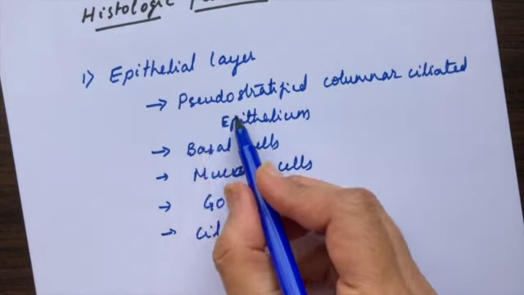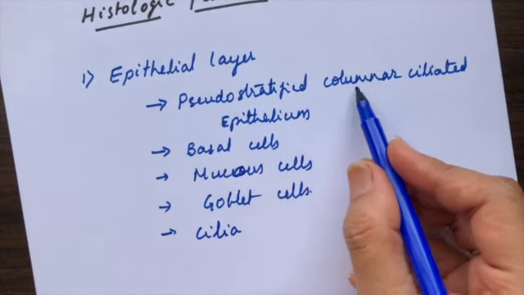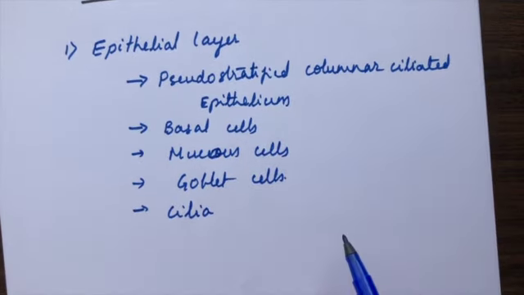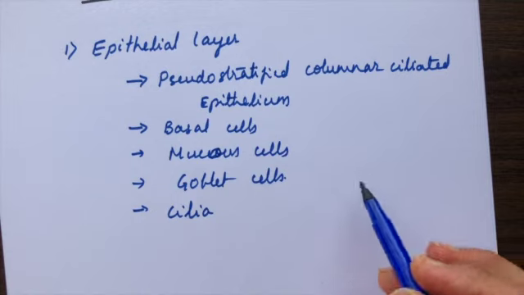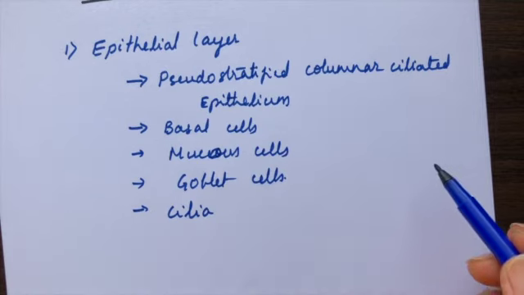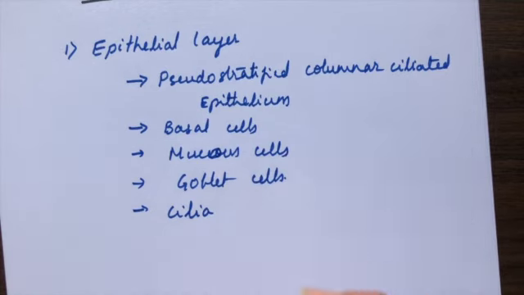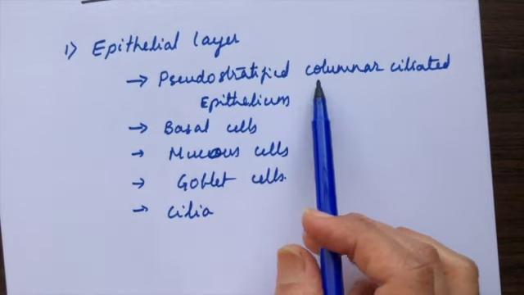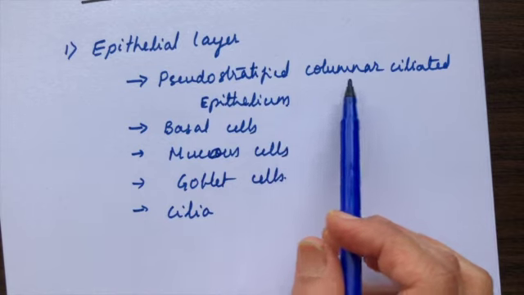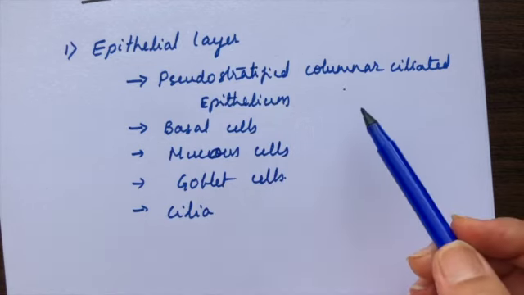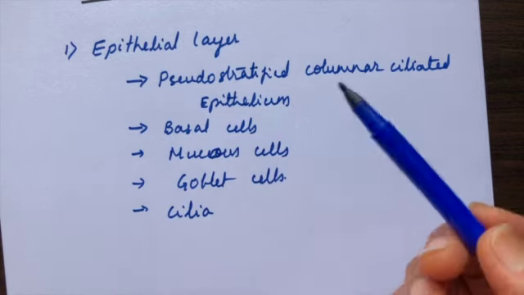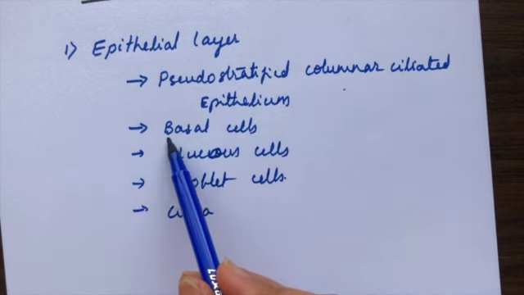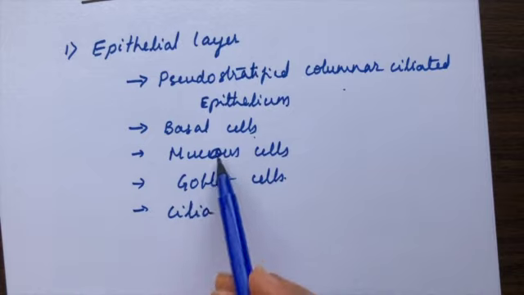Now the pseudostratification is mainly because of the arrangement of cells. The cells are actually single layered, but the nucleus is placed at different levels in the cytoplasm, giving us pseudostratification. Now these columnar ciliated cells do not have regenerative capacity. So to support the damage or degeneration of these cells, there is a group of basal cells and even the mucus cells.